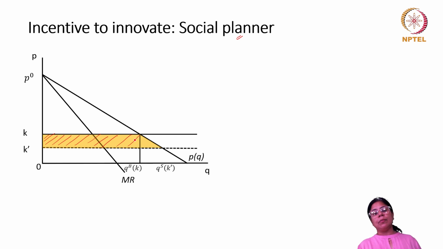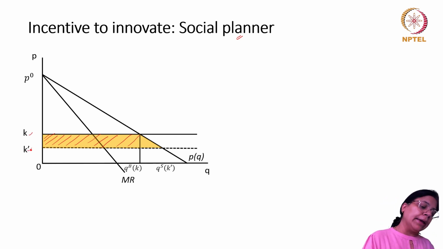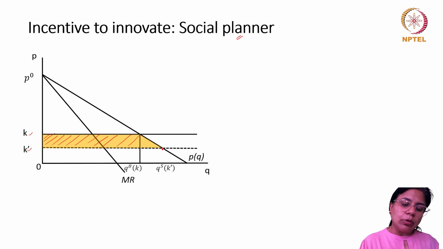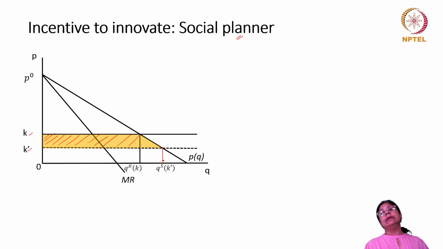But what will happen from a social planner's point of view? If the price has fallen from K to K prime, ideally the price should also go down and additional quantities should now be supplied in the market. That would be the outcome of perfect competition where the price charged will be equal to the marginal cost, and this marginal cost is now a new cost equal to K prime.